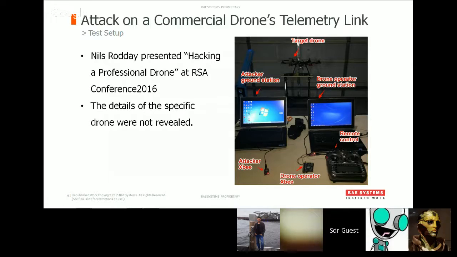Our aim is to show that we can remotely disconnect the drone from the drone operator, and then pair with the drone's XBee radio, which is the telemetry communication hardware, and then take over control of this drone.